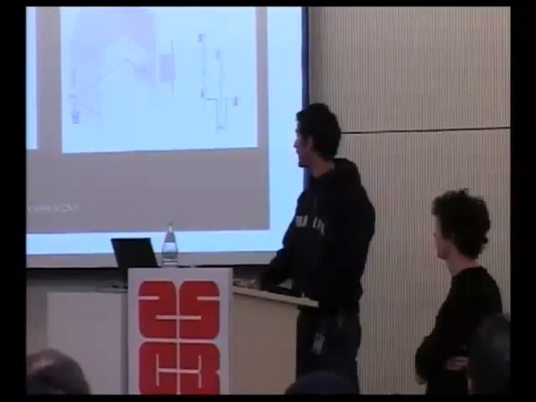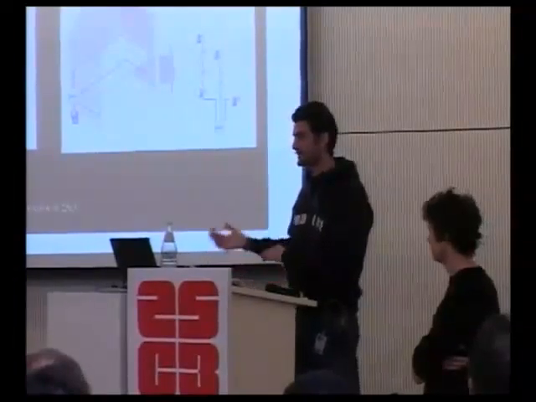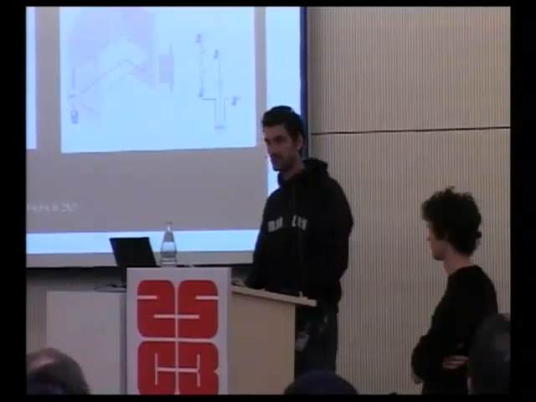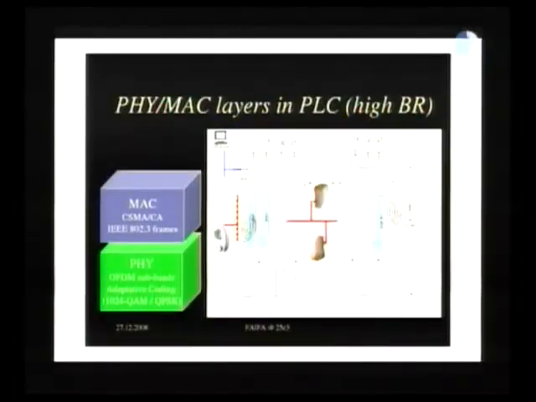Basically, it depends on the meter, but for most countries, the meter is not blocking the signal. So you will find the PLC signal from your neighbor or from next door going to your electrical network, and there is no real blocking of the frequency that I was talking about.